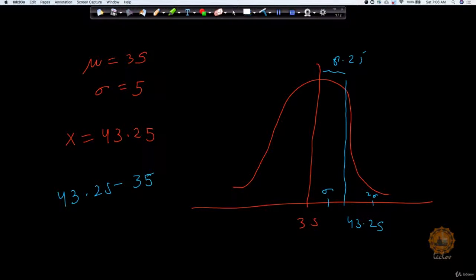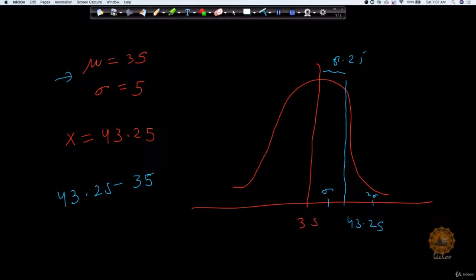So now we're going to talk about standardized normal form. In this example, again, let's say I have the mean value as 35. You can go back to the same example where we took the average commute time of all the TechLove employees, and we said that the standard deviation is, let's say, 5.